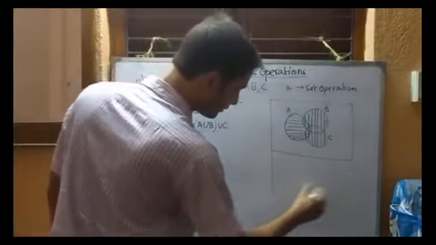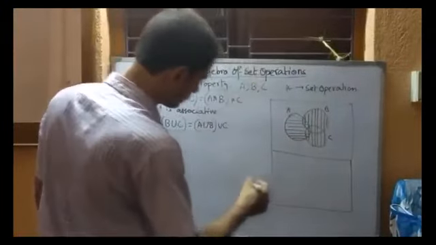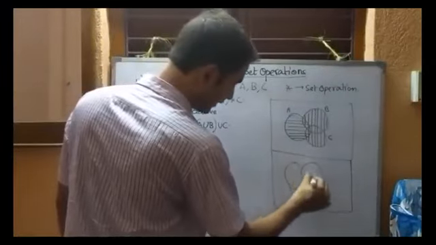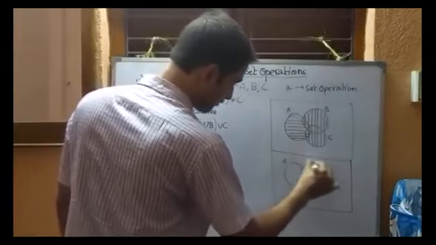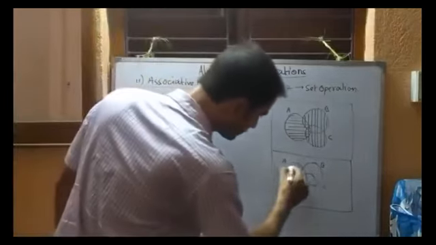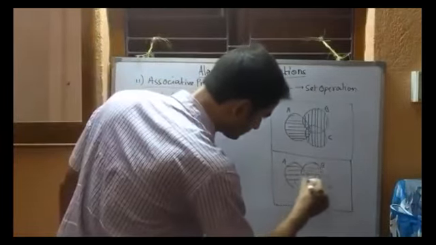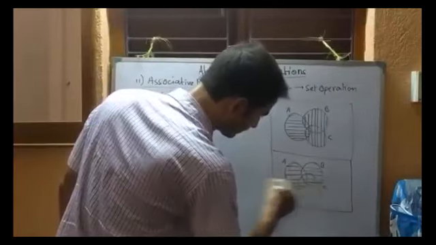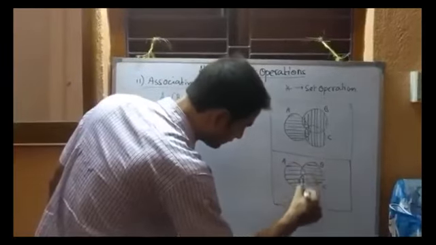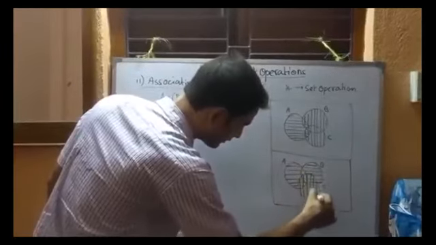And also if you draw the Venn diagram for the right side, it is A, B and C. Then first we take A union B. That means it is this. And then we are considering C also. So we are taking C like the vertical shading.